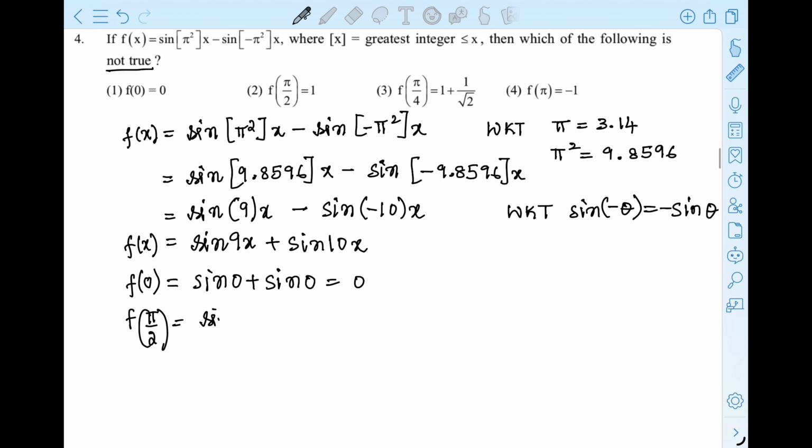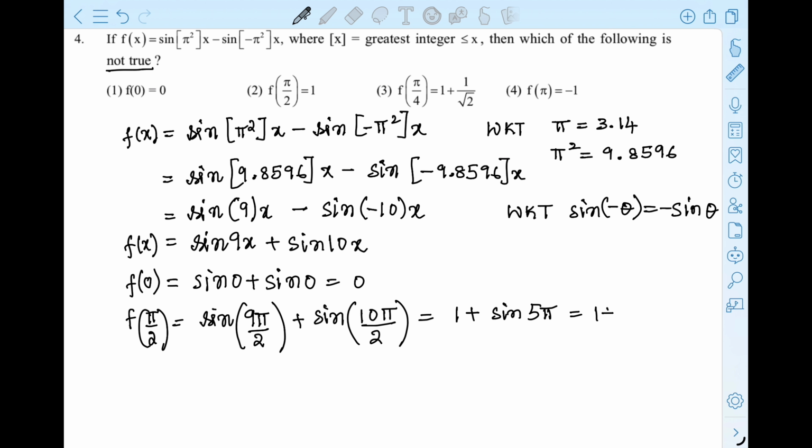So sine of 9 pi by 2 plus sine of 10 pi by 2. So we know this is equal to 1 plus sine 5 pi, which gives us 0. So this is also correct.